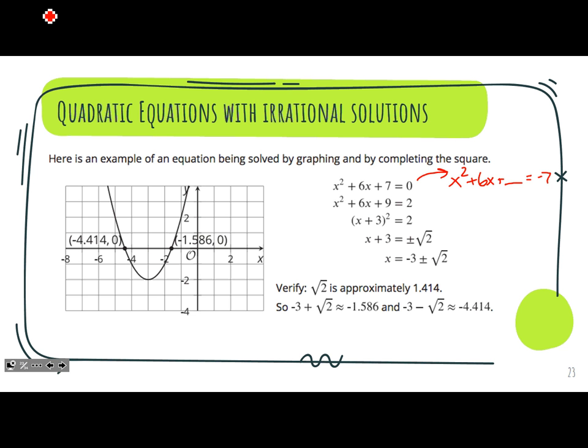So when we go to write two equations from that, we are going to get two potential roots. When you take the square root of a number that's not a perfect square, usually we just leave it in a radical. So in this case, we take the square root of 2, and it ends up as positive or negative square root of 2.